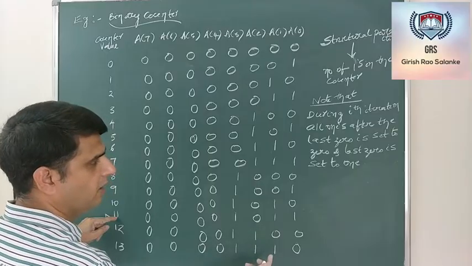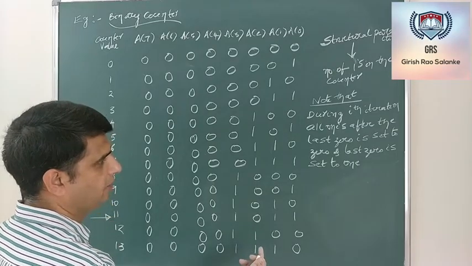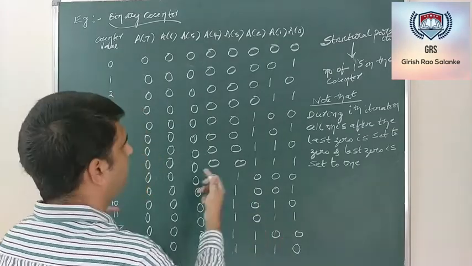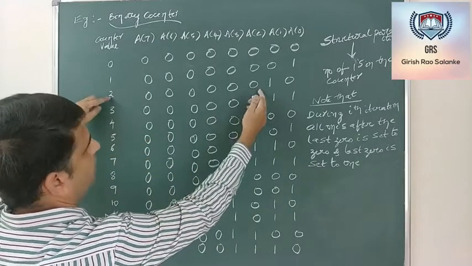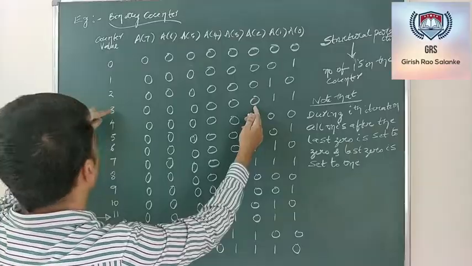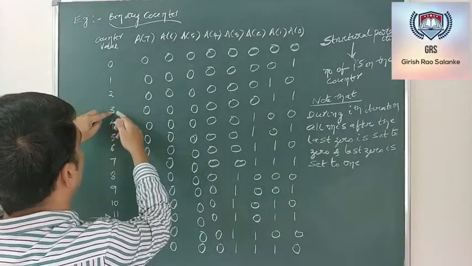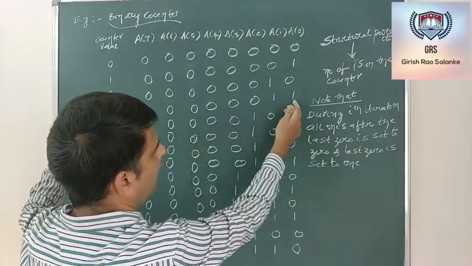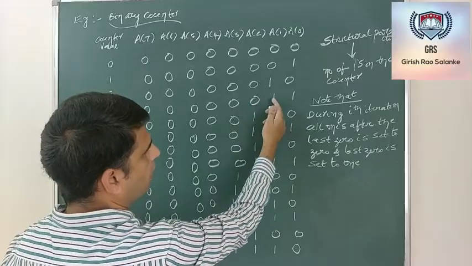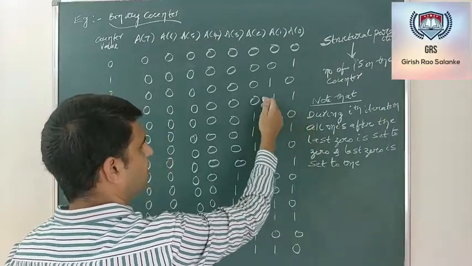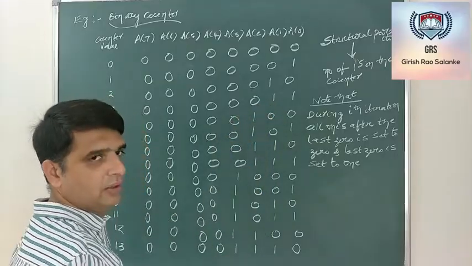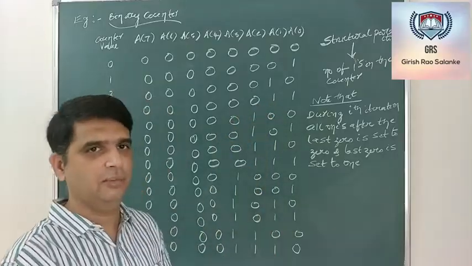Similarly, you can take any other example. Here, in the counter value 3, 0, 1, 1, the ones after the last 0 change to 0 and this last 0 becomes 1. Hope this is clear.